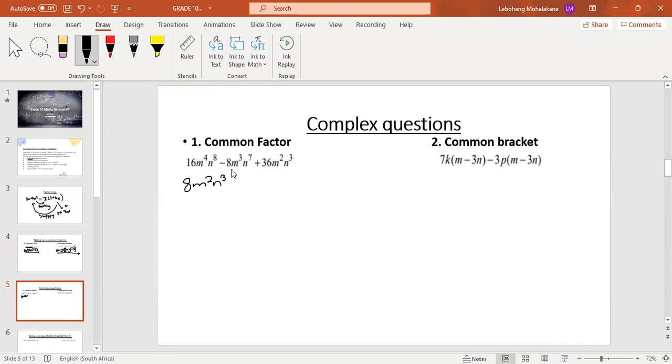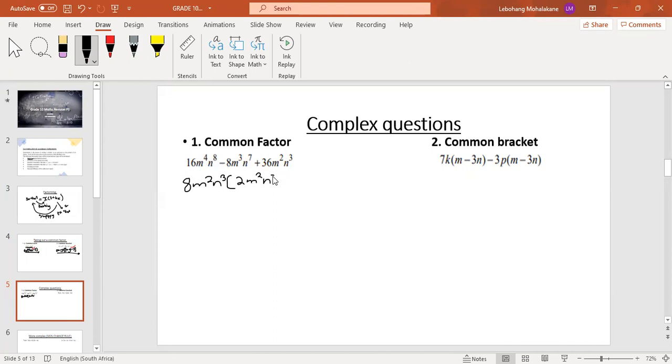So over the bracket, then you know that 16 divided by 8 is 2. And then m, you're gonna have m exponent 2 because 2 plus 2 gives you 4. Then for n, you have 8, so it means you're going to have 5.